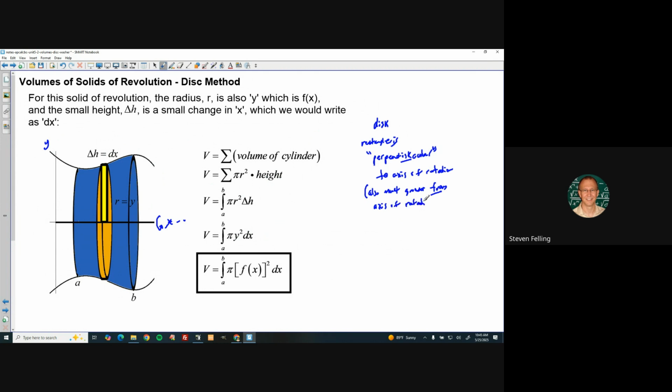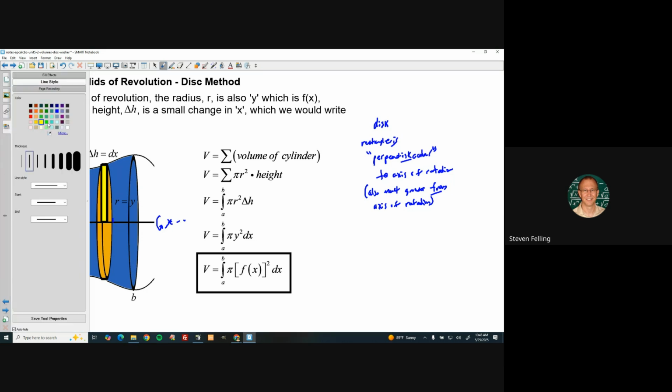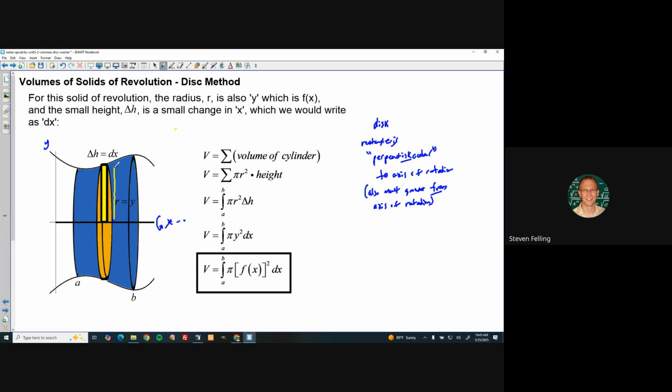And the reason why that's true is because when we rotate that rectangle around the axis of rotation, that's going to make the cylinder shape, the disk, and this dimension must be a radius. Let me change colors here so this shows up better. This dimension must be a radius, right? And therefore, since radii always grow from the point of rotation, this rectangle has to start at the axis of rotation.